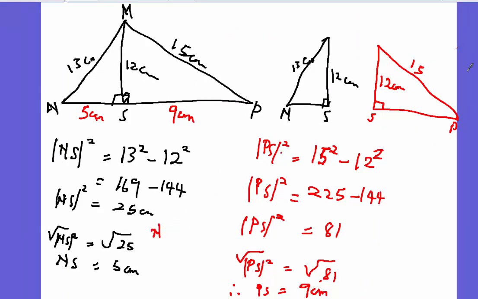Let me use another color. Yes, so line NP is equal to 5 centimeters plus 9 centimeters, which is equal to 14 centimeters, right? So the answer is 14 centimeters, and that is the answer.